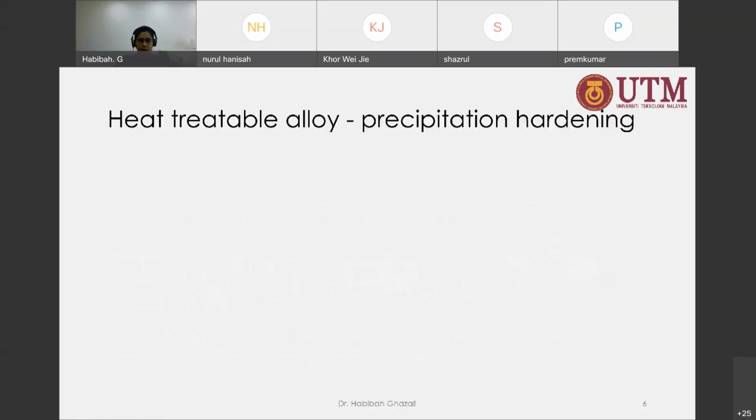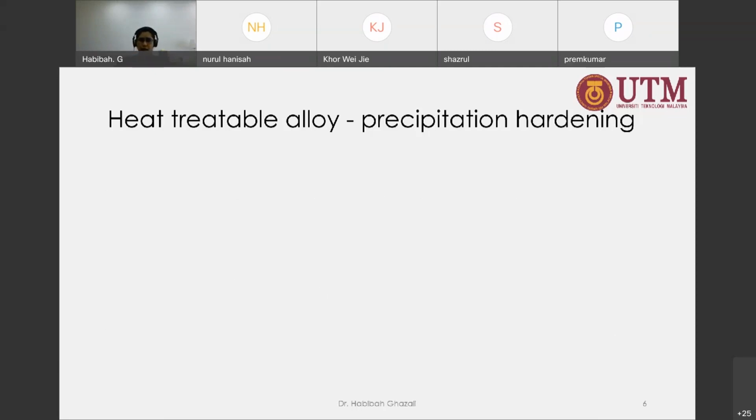And for aluminum alloy and also copper alloy, we can heat treat them through a heat treatment process that we call precipitation hardening. This heat treatment process is for non-ferrous metal in which the final product will have small precipitates of other phases distributed evenly in the microstructure.